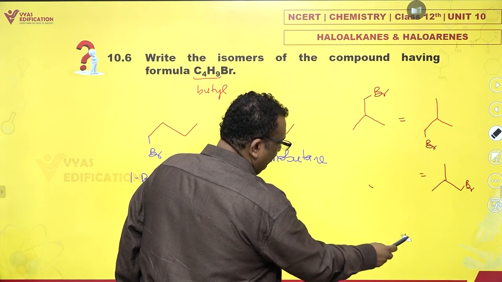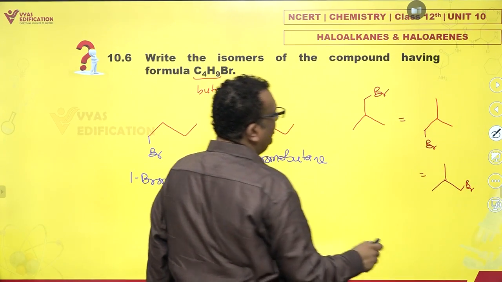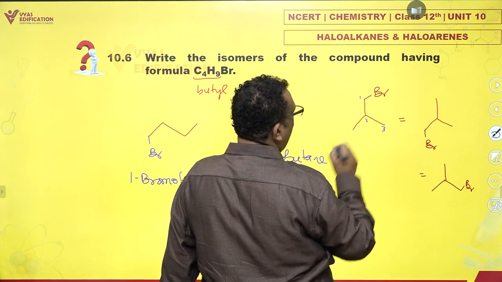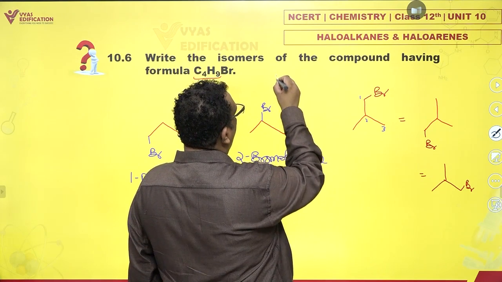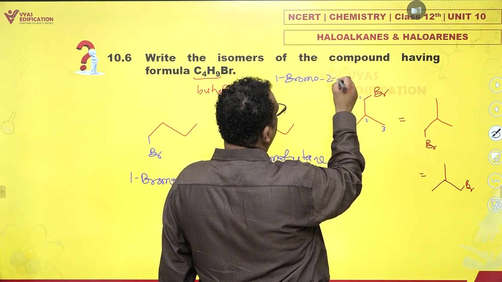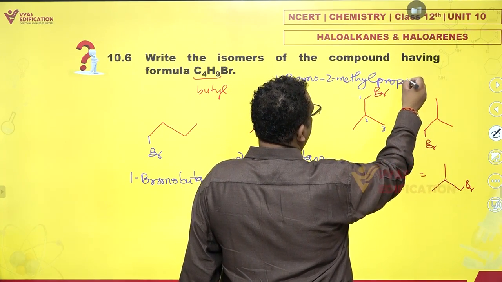Try naming them. If you have any confusions, just try to name them and you would discover that they are identical. The name would be, see, 1, 2, 3. What is this? This is 1 bromo, 2 methyl, propane.